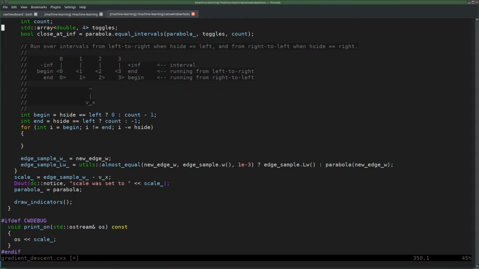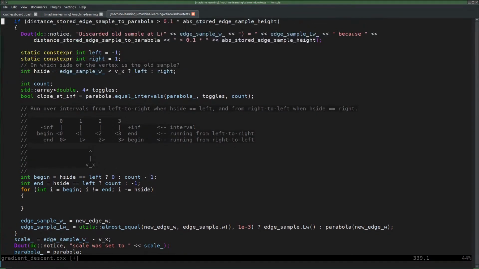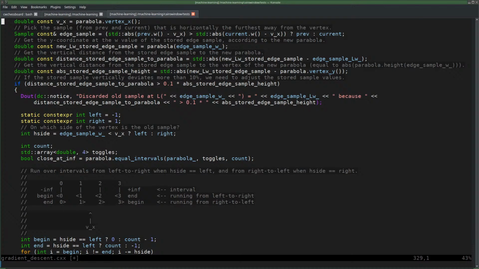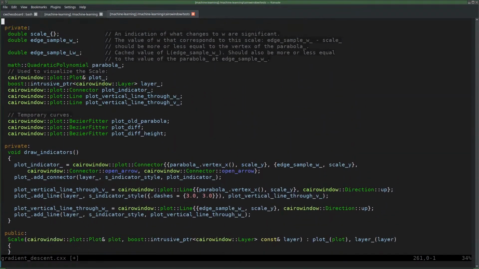I think the starting point is the edge sample W. Not being used anymore.